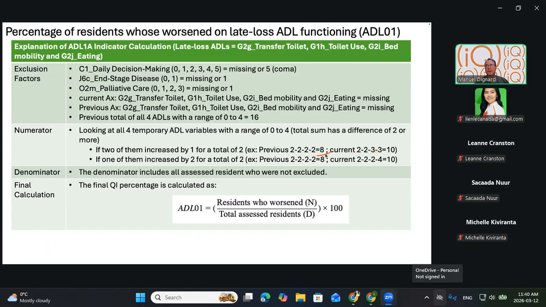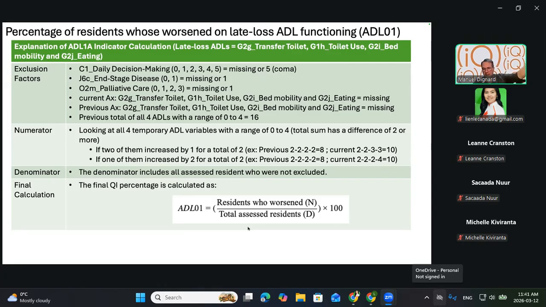So we're up by a factor of 2. These ones were all twos, now 2, 2, 2, and 4. Same thing, up by a factor of 2. Because these are disability scales, because we've increased, essentially we've declined.